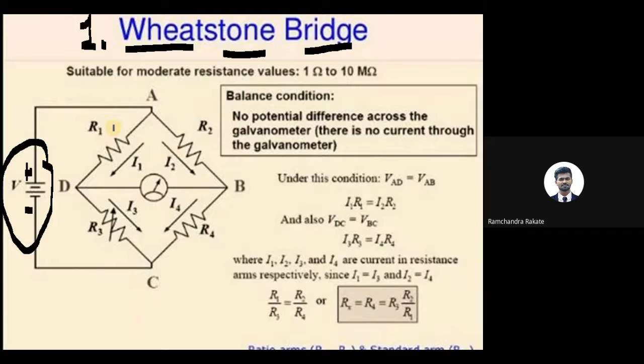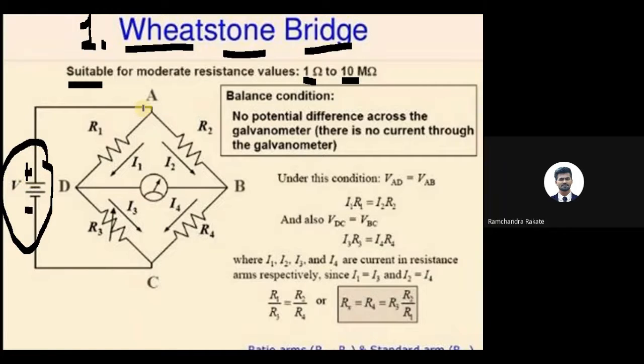This is one of the simplest methods, and the next method, the Kelvin method, is an advancement of this method. So first we look at the Wheatstone, then we look at Kelvin. It is suitable for moderate values, from 1 ohm to 10 mega ohm.